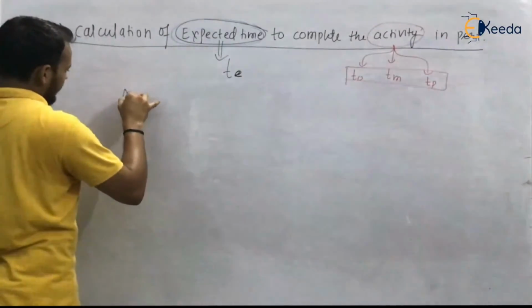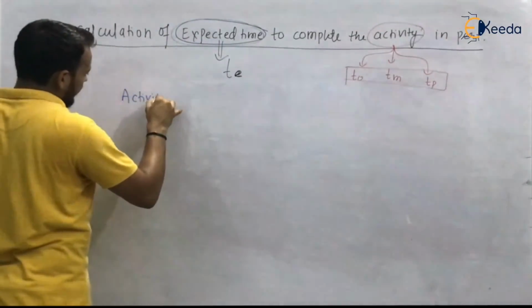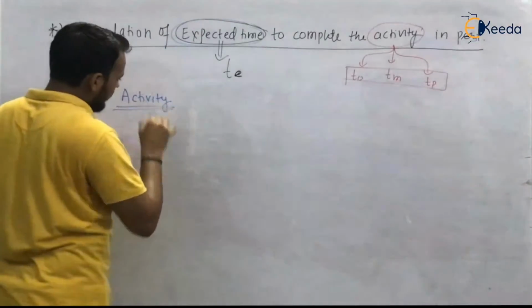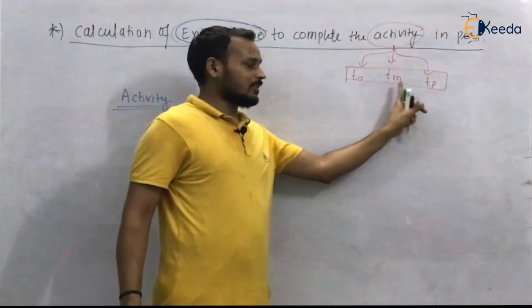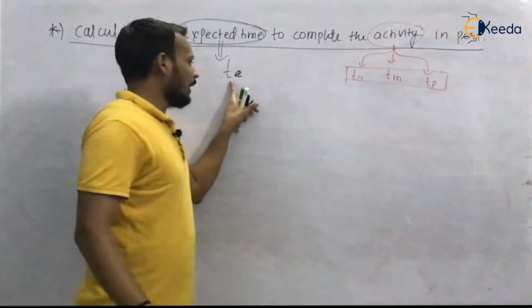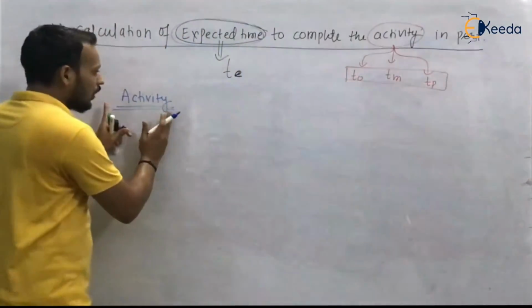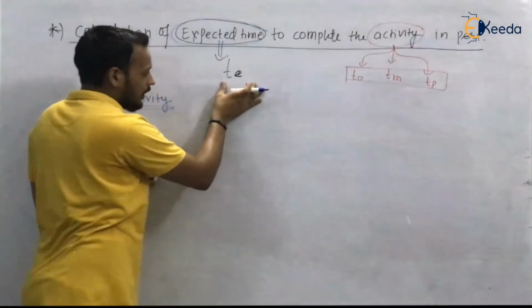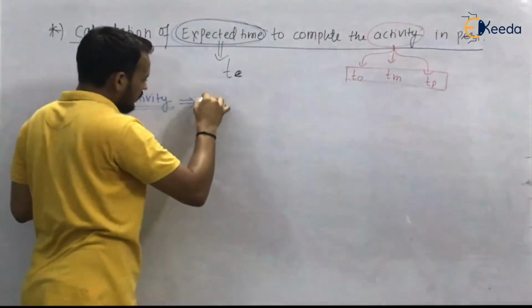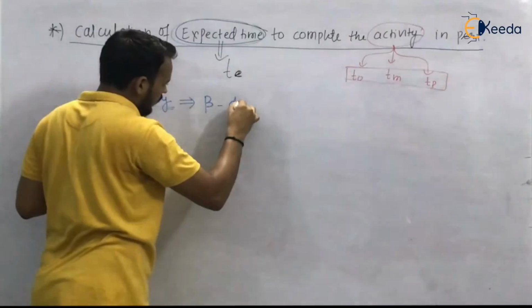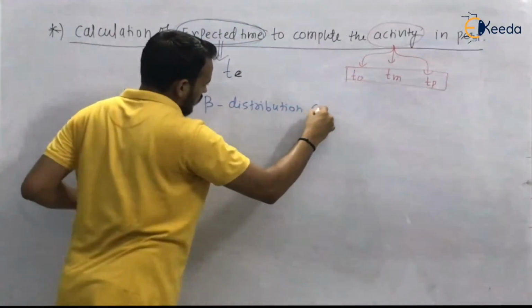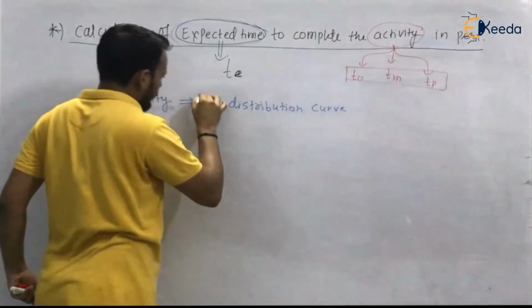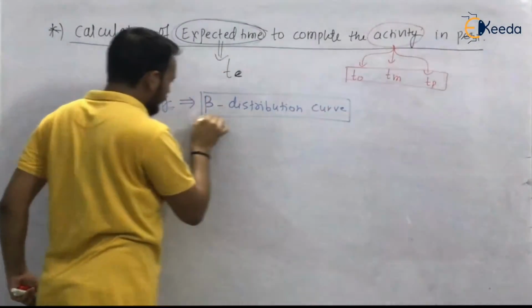So the activity which consists of three time estimates follows a beta distribution curve.